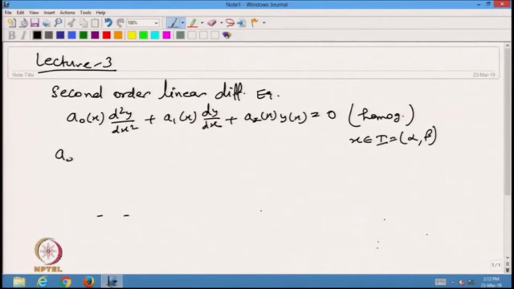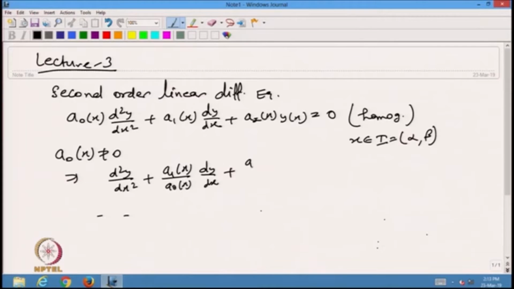I assume that a0(x) is not equal to 0, so I divide by a0(x). The equation reduces to d square y over dx square plus a1(x) over a0(x) dy by dx plus a2(x) over a0(x) y(x) equal to 0.